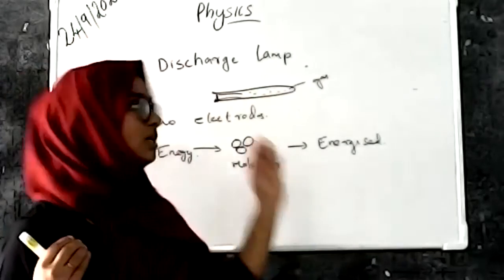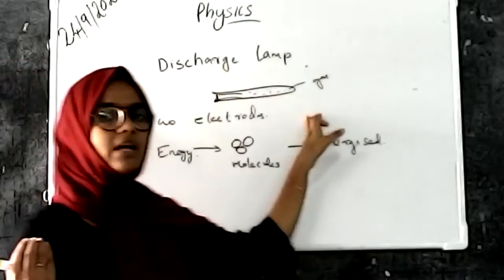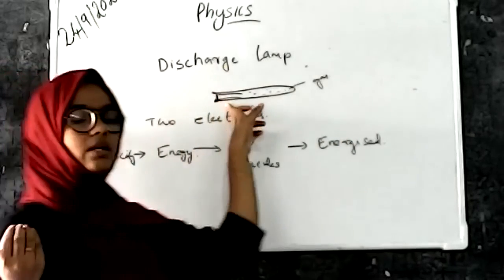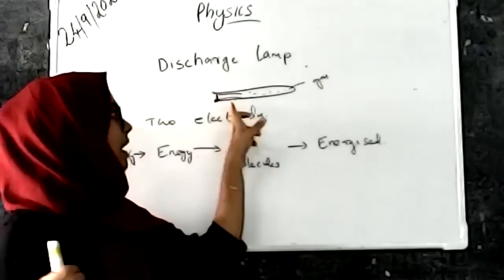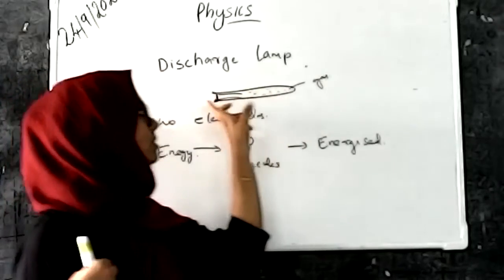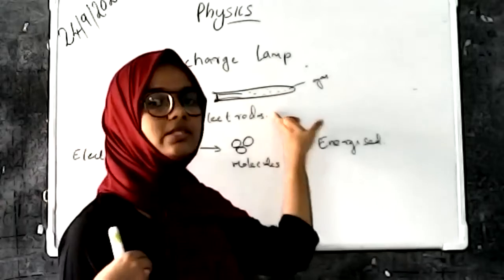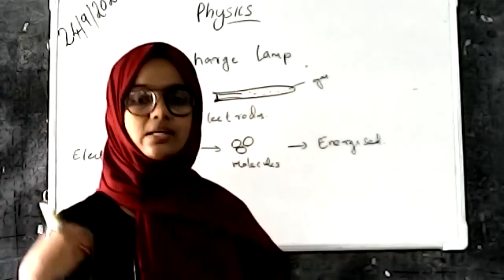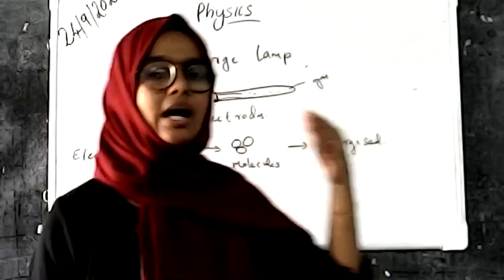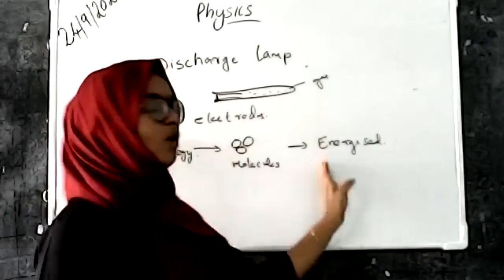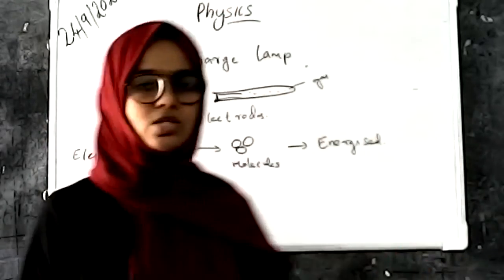And that light gives the lighting from the discharge lamp. When the electrodes are charged through electricity, that charged energy is transferred to the molecules inside the gas, inside the glass tube, and the molecules come to higher energy, going from a stable to an unstable position.